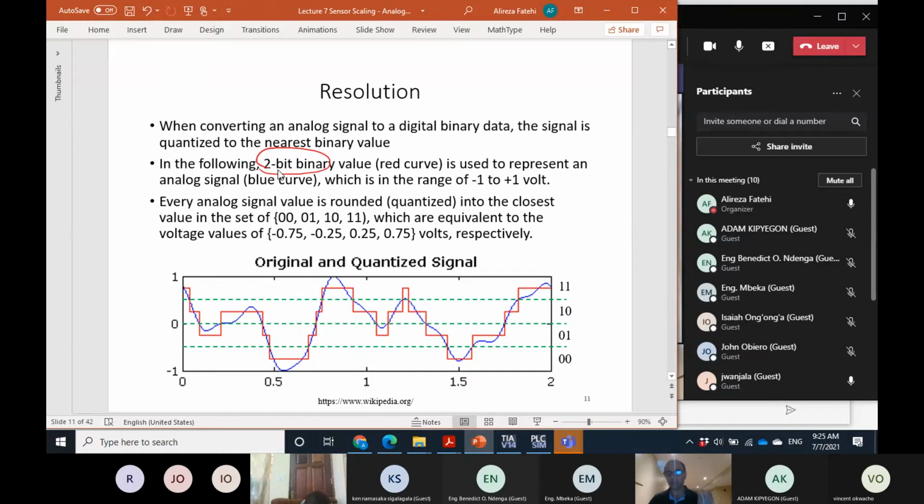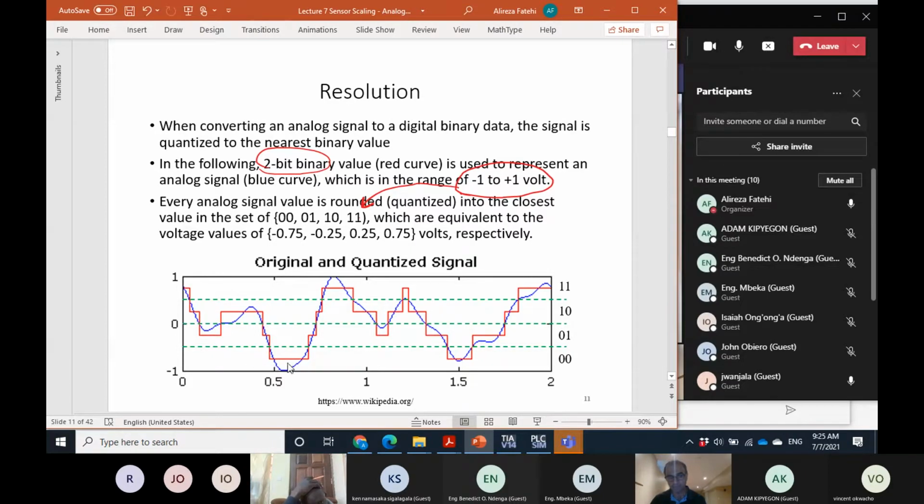For a 2-bit binary signal, it's very small, just as an example, it can distinguish just 4 different binary values: 00, 01, 10, 11. And if we are going to represent a signal in this range by these 4 values, it looks like the red signal.